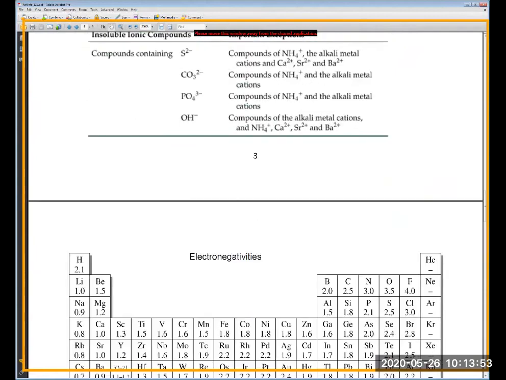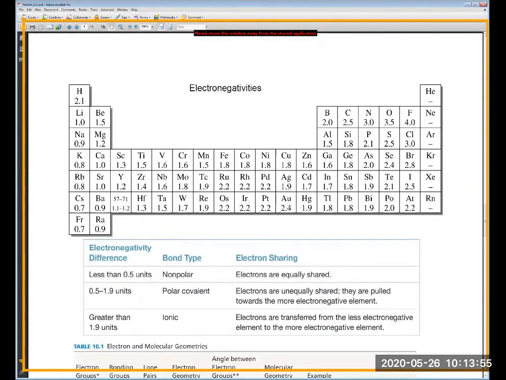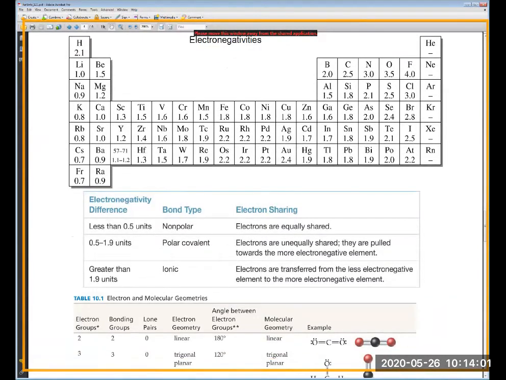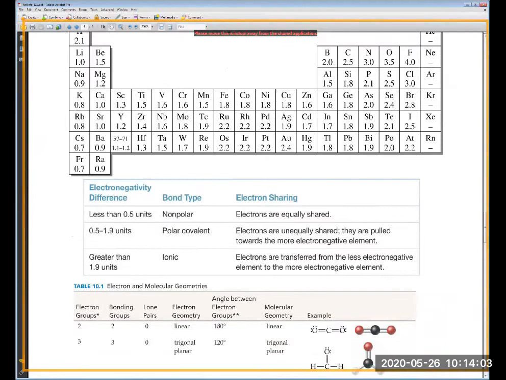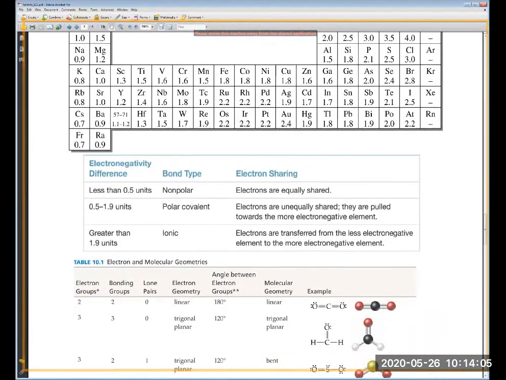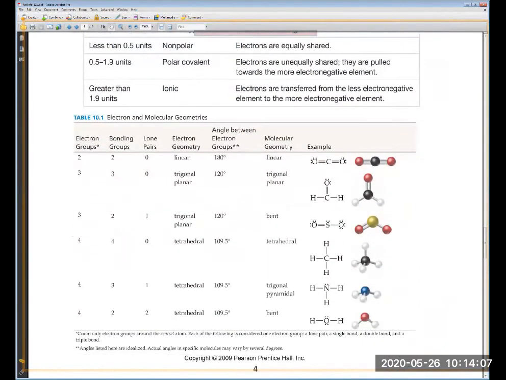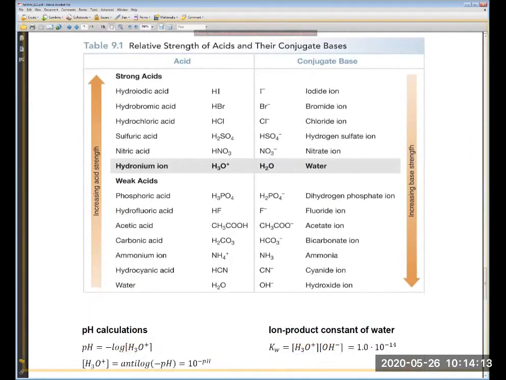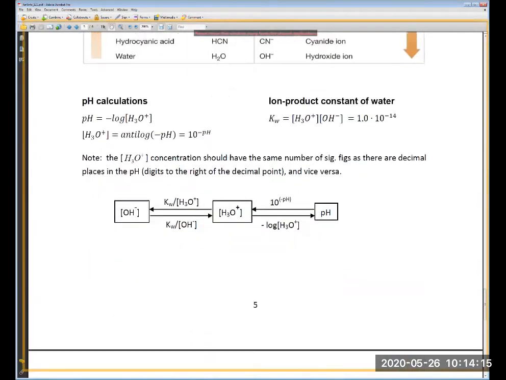And then this page with electronegativities, electronegativity difference, and then the type of bonds. That's important for chapter 4. Lewis structures: know how to use this table to find the shape of the molecule. And that's chapter 9.